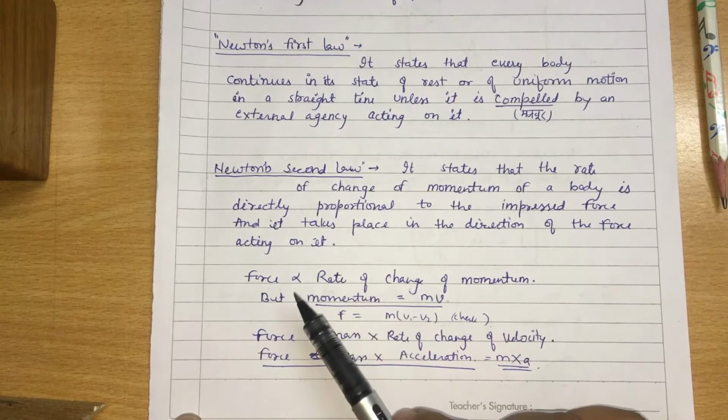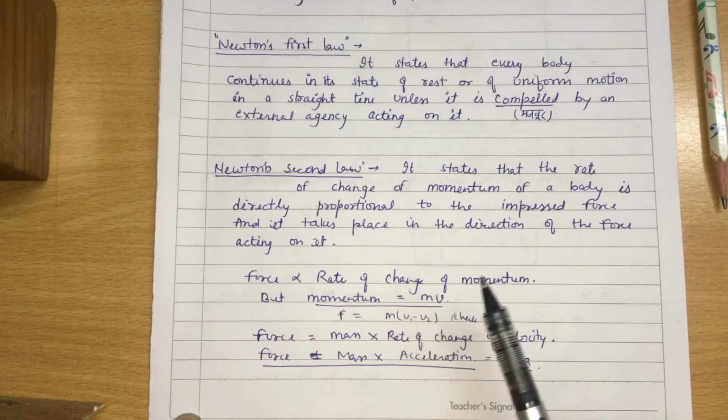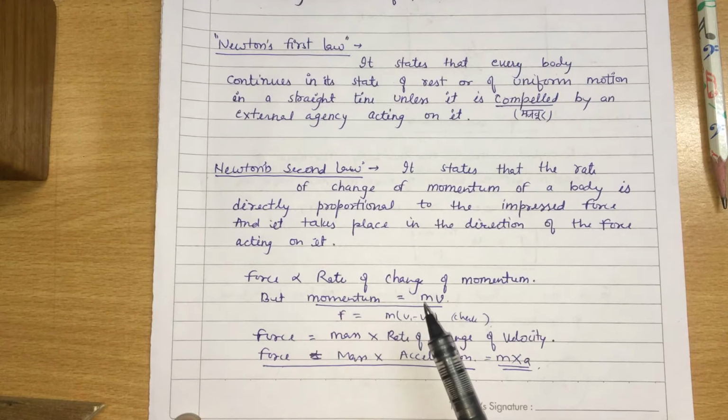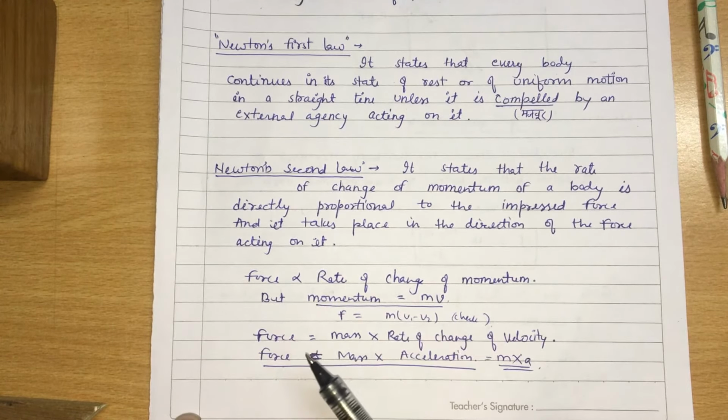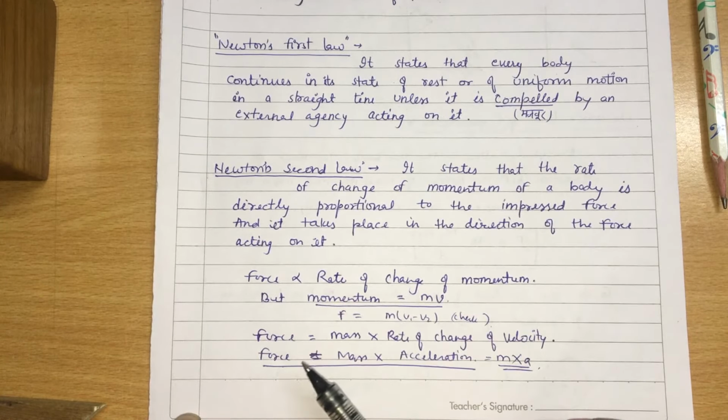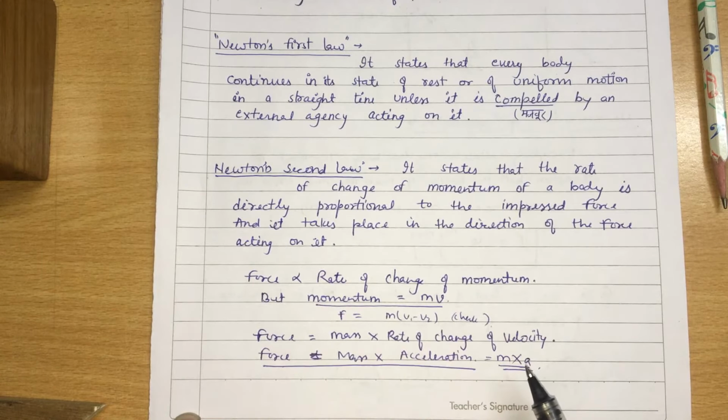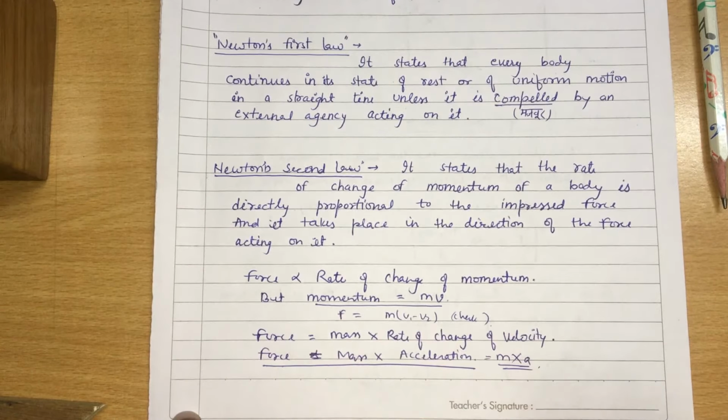So force is directly proportional to rate of change of momentum, but momentum is equal to mass and velocity. So force is equal to m (v1 minus v2), with m common. This is the force: mass and rate of change of velocity. Correct. So rate of change of velocity is known as acceleration.